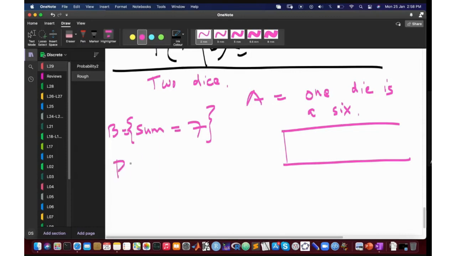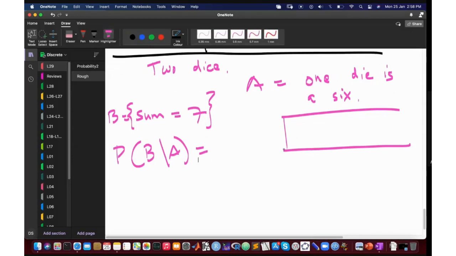So we need to compute the probability of B given A. The total number of options we have for the sum, basically, are 36, I think, right? There are 36 possible things that you can get when you roll two dice. What do you think would be this probability?